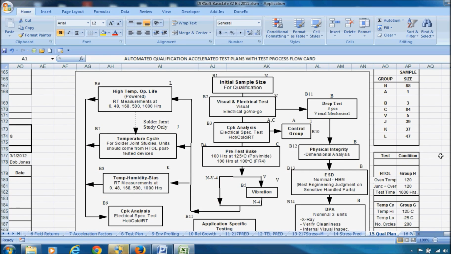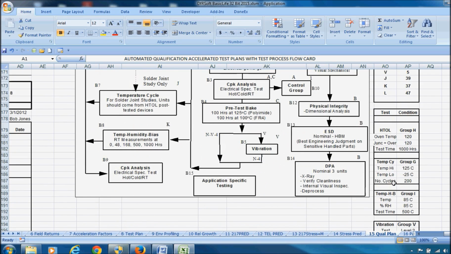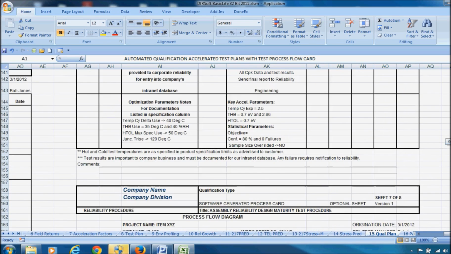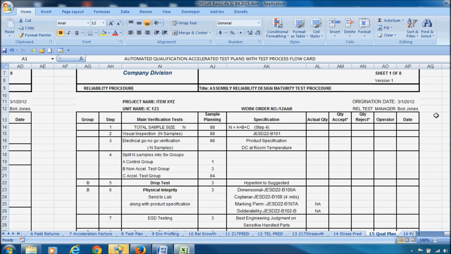So the cards are now populated with the sample sizes. So you can see the sample sizes for each square here, and the summary is, for convenience, also provided here. The details of this test, for example, on the hybrids, on the assemblies, look at the assembly details that are provided here.